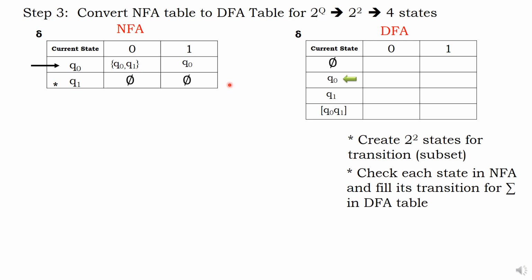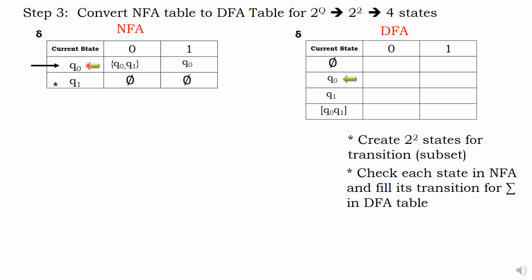Now, how to find out? Check each value in the NFA and fill its transition for the DFA table. What does that mean? I need the answer for Q0. Yes, go to the NFA table.